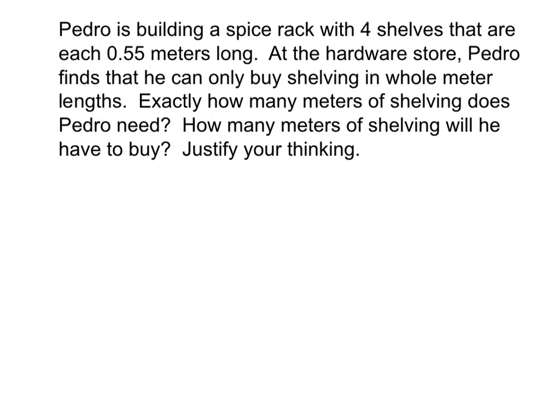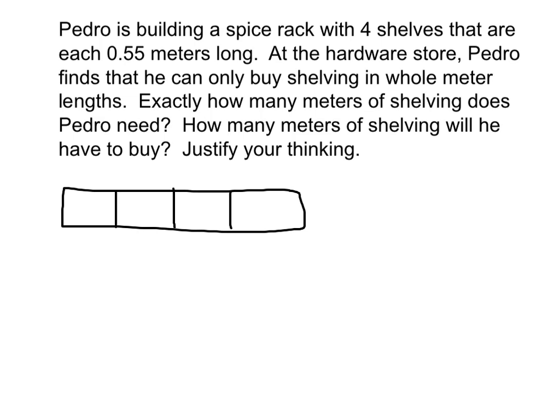And justify your thinking. So to justify my thinking, one thing I can do is show my thinking by drawing a nice bar model. So if I had a bar model like so, and we're going to have 4 shelves, so I'll break that into 4 equal parts, and each part is going to be 55 hundredths meters, and I want to find out what the whole thing is, so that's my question mark.